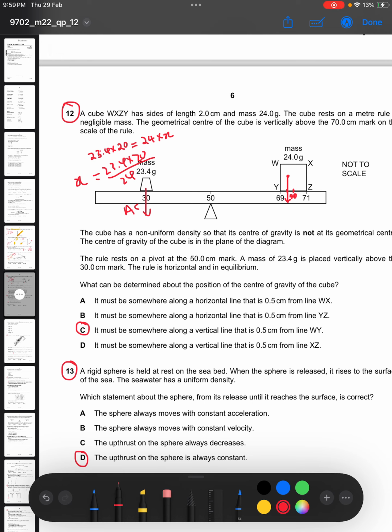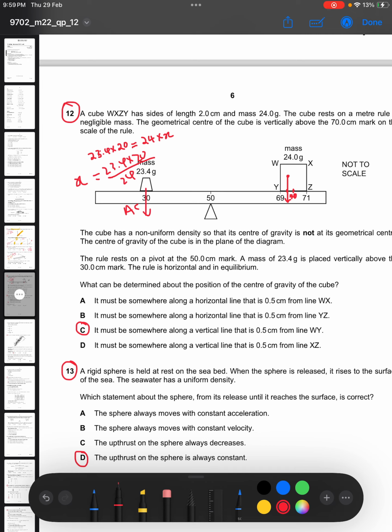So then the other question was saying, what can be determined about the position of the center of gravity of the cube? A was saying it must be somewhere along a horizontal line that is 0.5 centimeters from the line WX.